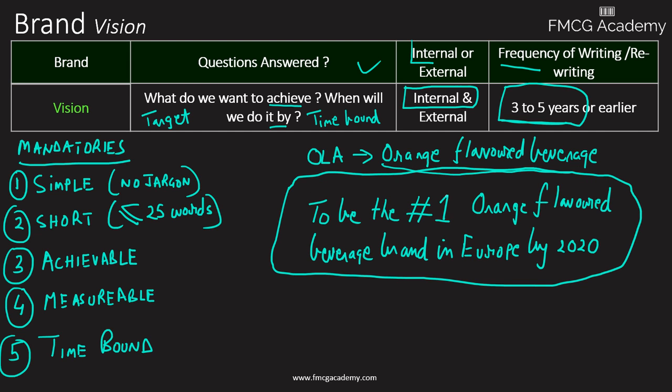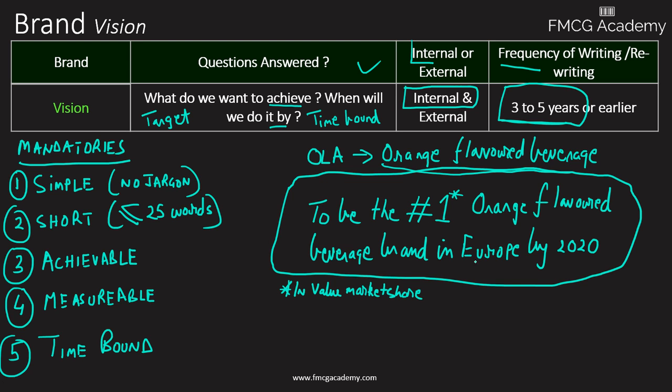And you could again put a little asterisk on number one and say that is number one in value market share. So you can specify that. Again, let's have a quick check of the mandatories we've specified here.